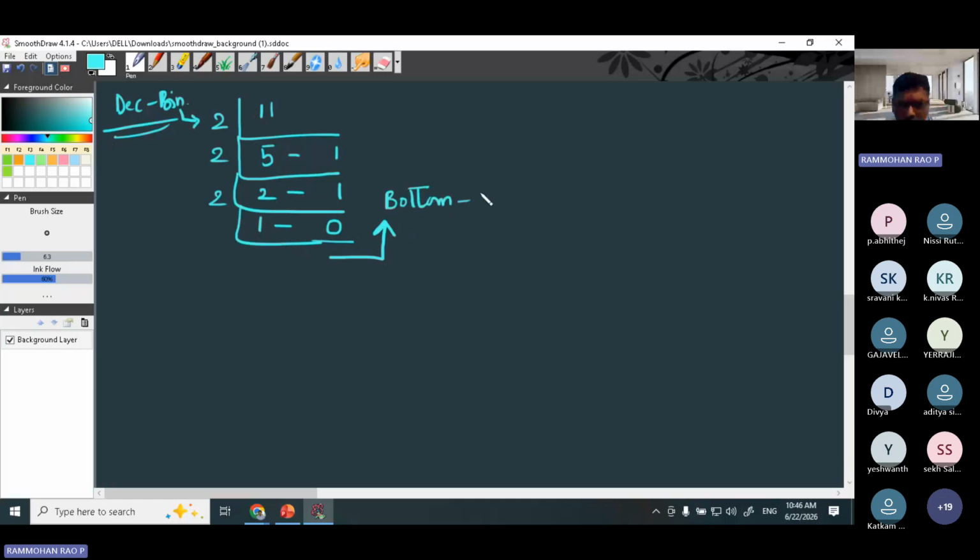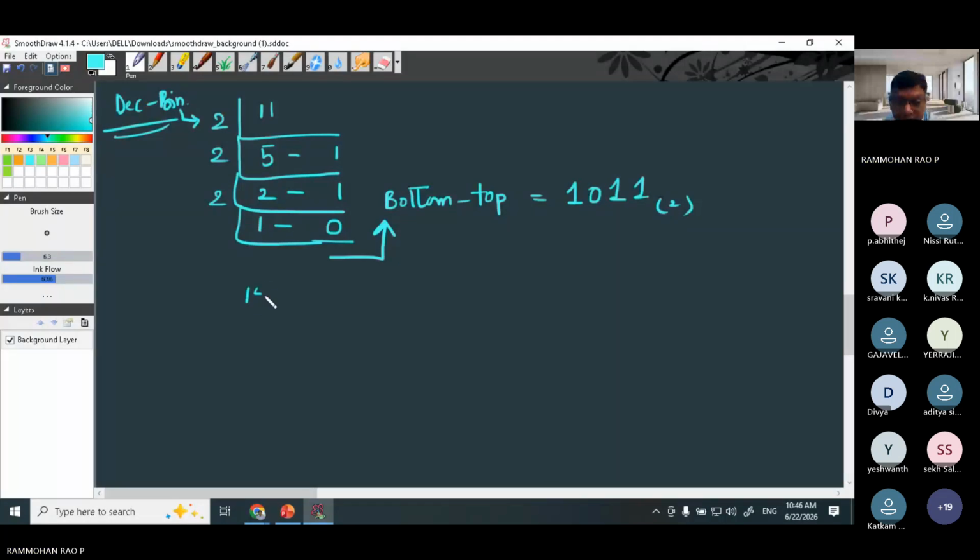This is important, my dear. Bottom to top. So what is the answer? 1011. This is the binary form of 11. Right? Remember, the answer needs to be collected from bottom to top.